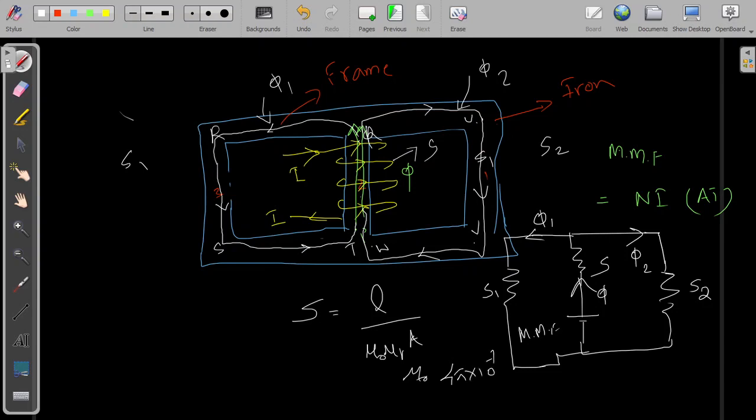This mu r is also constant, because the material we have considered is made up of iron. For a material, the relative permeability must be a constant value. So mu 0 and mu r are constant, and their product will also be a constant value.